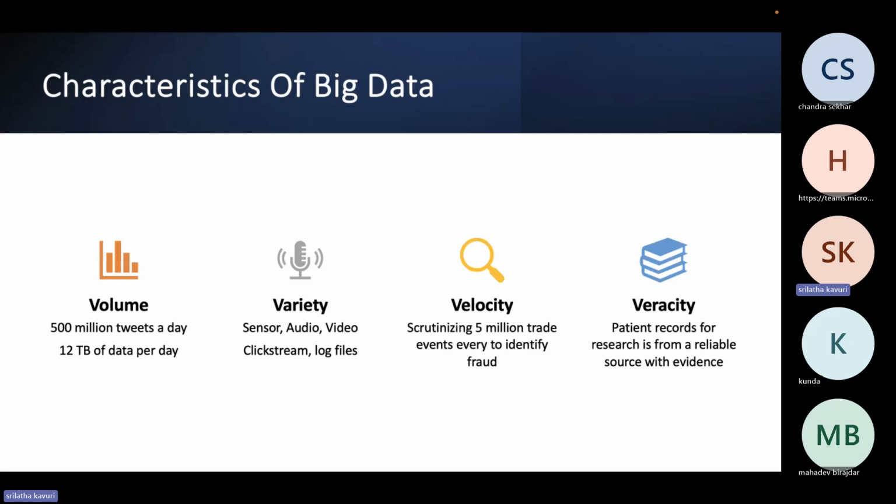It says, based on your recent search, these are the items. Every click on an item is actually recorded and then processed. The data collected by clicking on the items is the clickstream data. These data will fall under big data with respect to variety. And then velocity: scrutinizing 5 million trade events every day to identify fraud, basically.